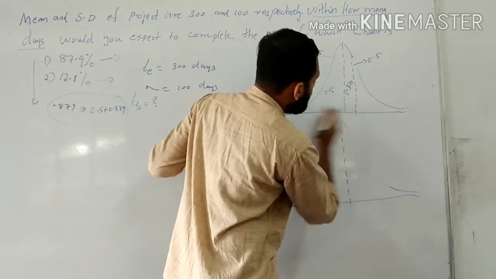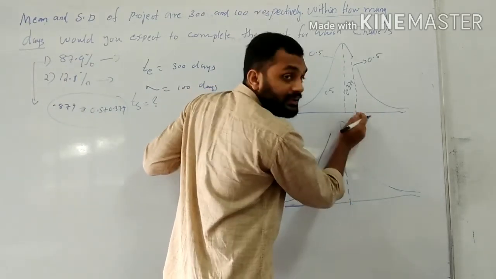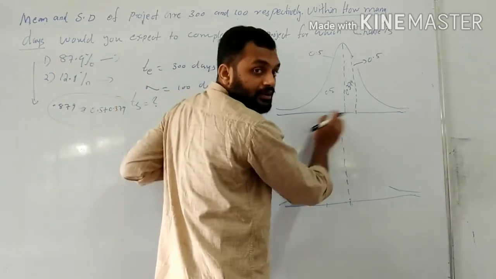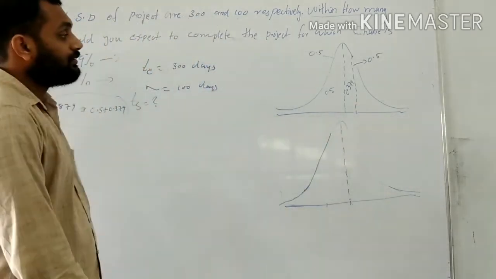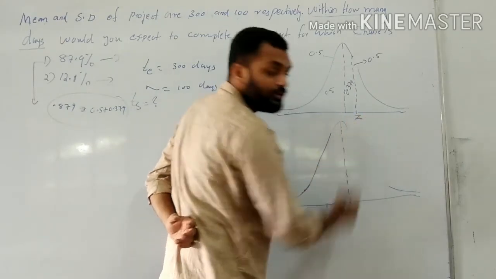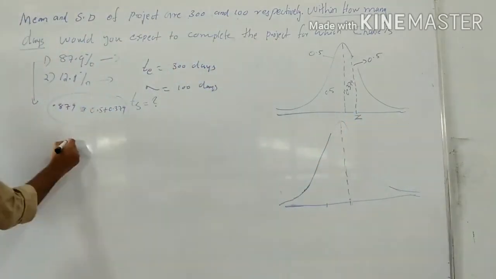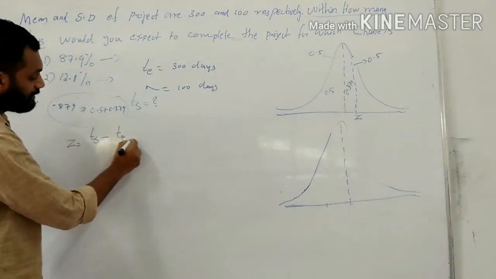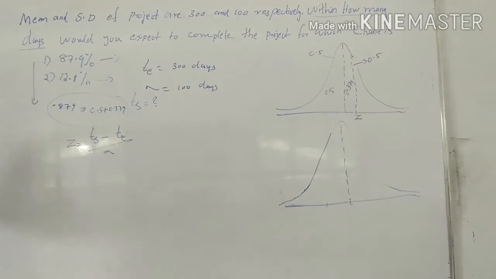This total area is 0.879, or 87.9 percent. Then we need to find the Z value here. Z is equal to, we know, TS minus TE divided by standard deviation.